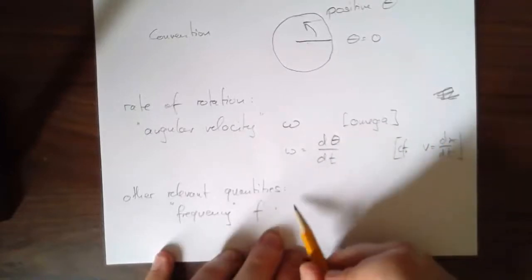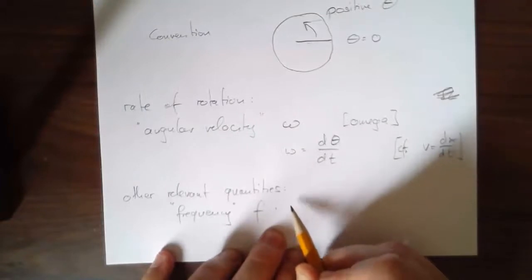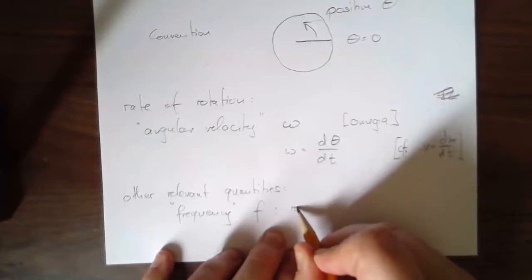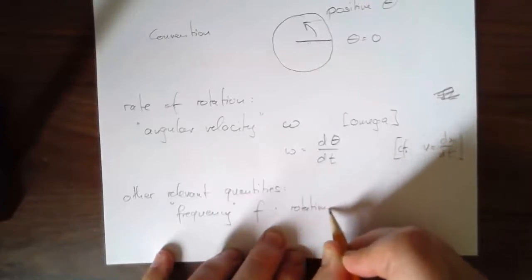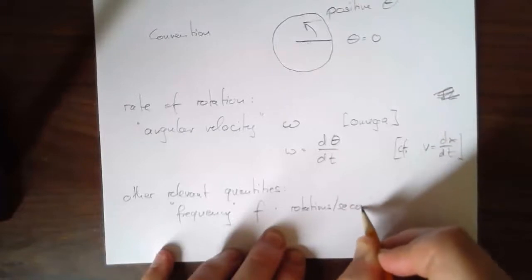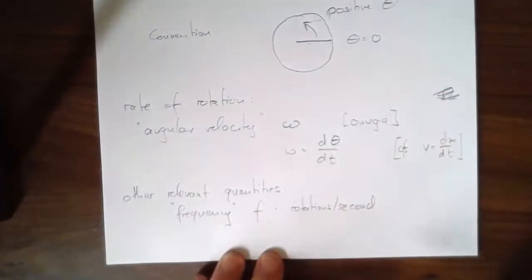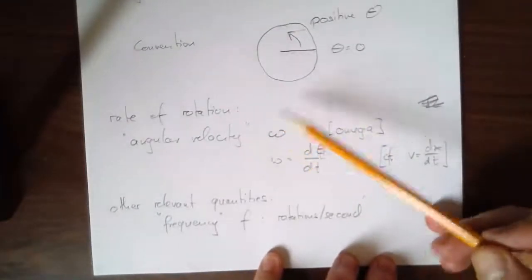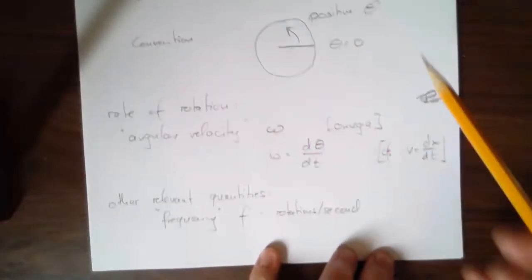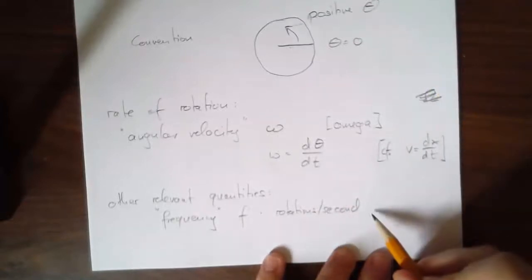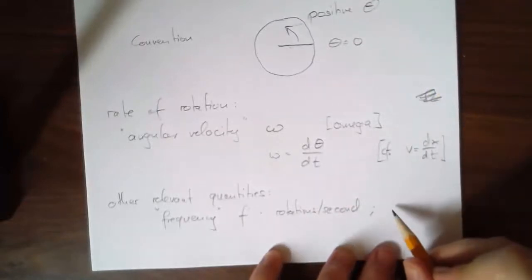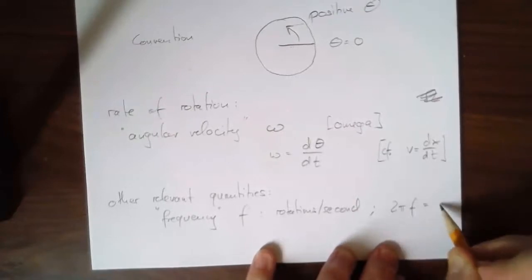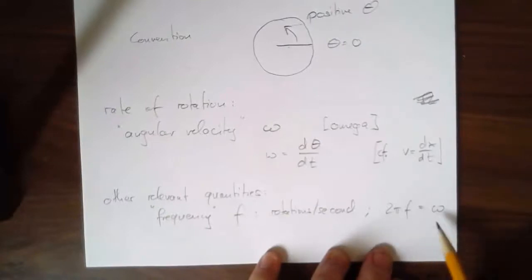Frequency f tends to be given in number of full rotations per second. So how many rotations per second, and because I have 2 pi radians in one rotation, I can relate this directly to omega. I'm going to get that 2 pi times f is equal to omega, right?